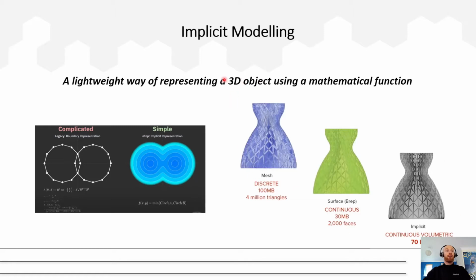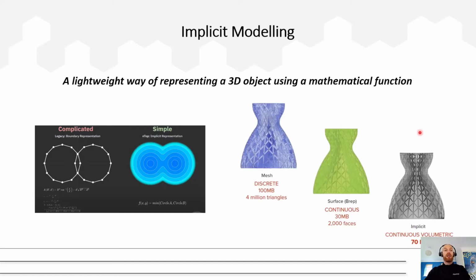And in the example on the right here, we can see three identical CAD models. So this model is stored as a mesh. It's 100 megabytes and 4 million triangles. The same model stored as a BREP is 30 megabytes, 2,000 faces. The same model stored as an implicit body is just 70 kilobytes.